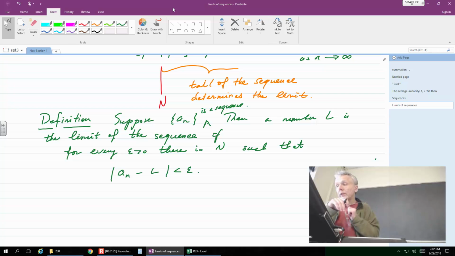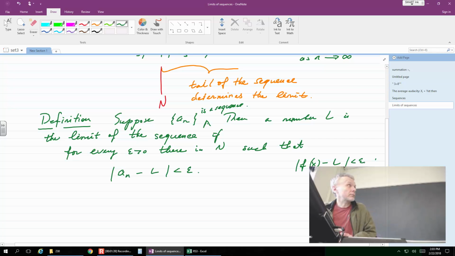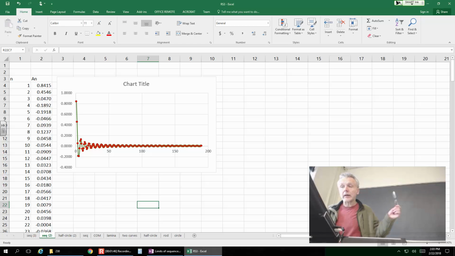So this looks familiar, and it is pretty much the definition of a horizontal asymptote, except you had something like this: f of x minus L less than epsilon, which is almost simply different notation for the same thing. But remember once again that picture that we had: the dots are replaced by a curve behind them. So that's how you produce a sequence from a function, and we're going to do that in a minute.